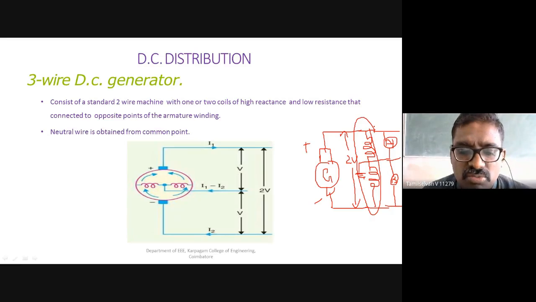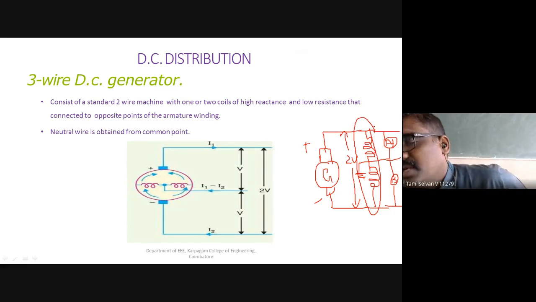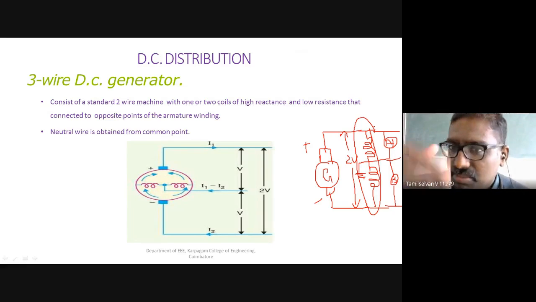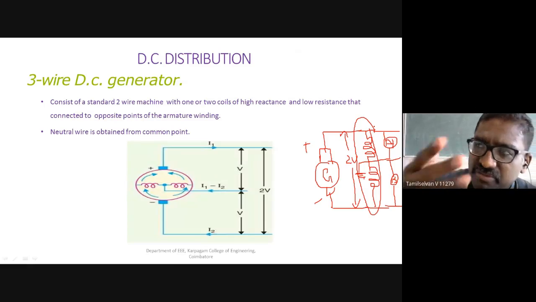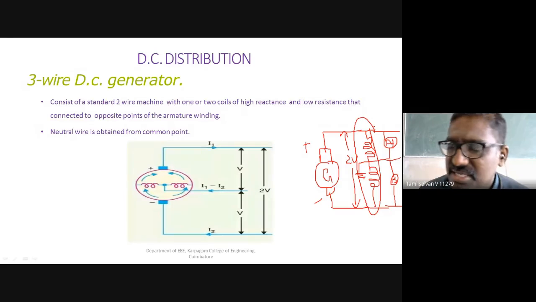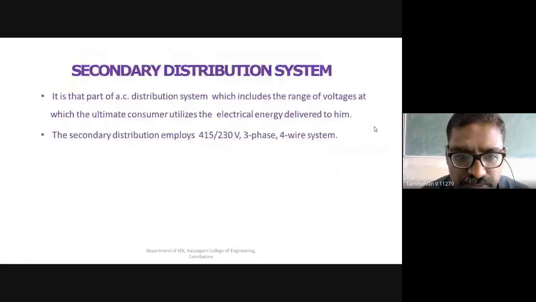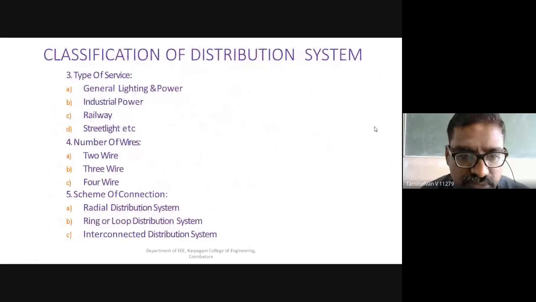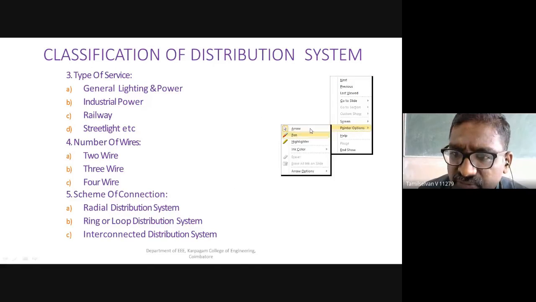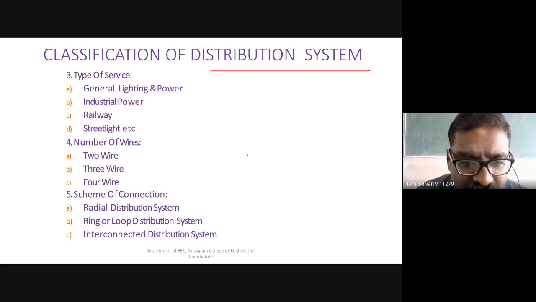Okay, so now we move on to the important thing. Before this, in the DC distribution system, we have seen only the scheme of connections. The distribution system is classified based on the scheme of connection.